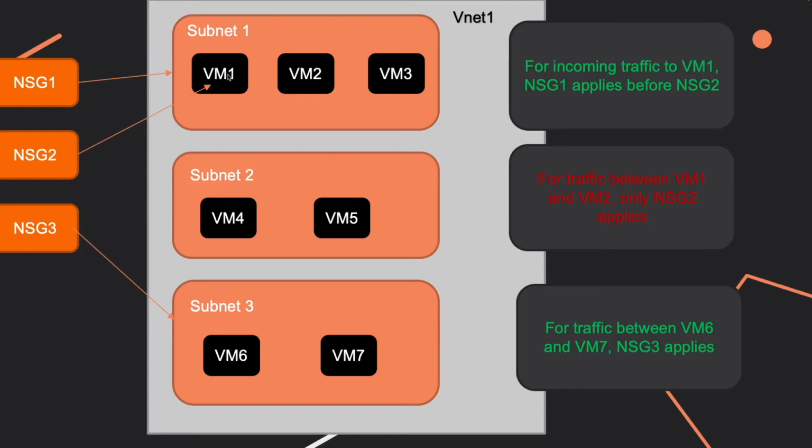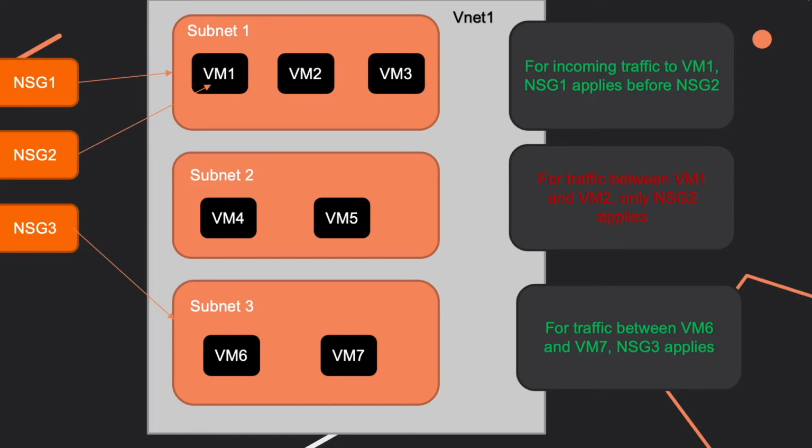For the first question, for incoming traffic to VM1, NSG1 applies before NSG2. Actually, incoming traffic rules in NSG1 are processed before the incoming traffic rules for NSG2 because NSG1 is associated at the subnet level. For inbound traffic, the rules in the NSG associated with the subnet are processed first, and then all the rules in the NSG associated with the network interface are processed.